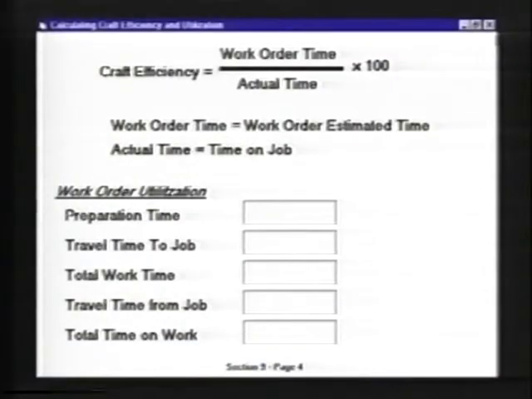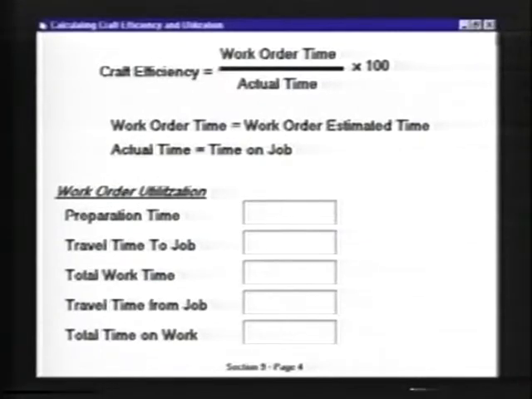This next exhibit that you are looking at represents the craft efficiency formula, and it also provides us with the ability to develop the total work order time, such as the work order estimated time and the actual time on the job.